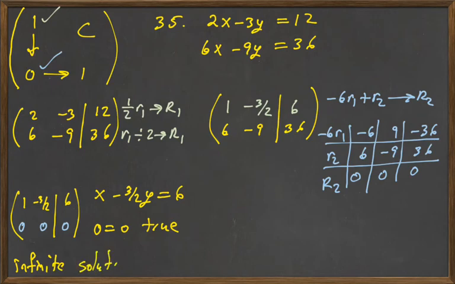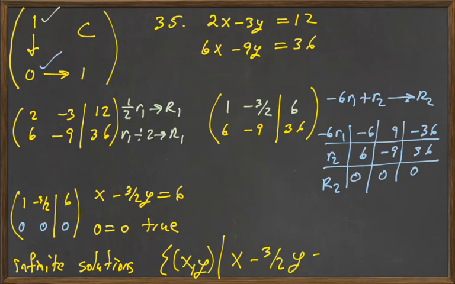All points on the line are a solution here. So we have infinitely many solutions. So it's the set of x, y that live on the line. Okay, so that's how we say it: the set of all points that live on the line. Infinite solutions.